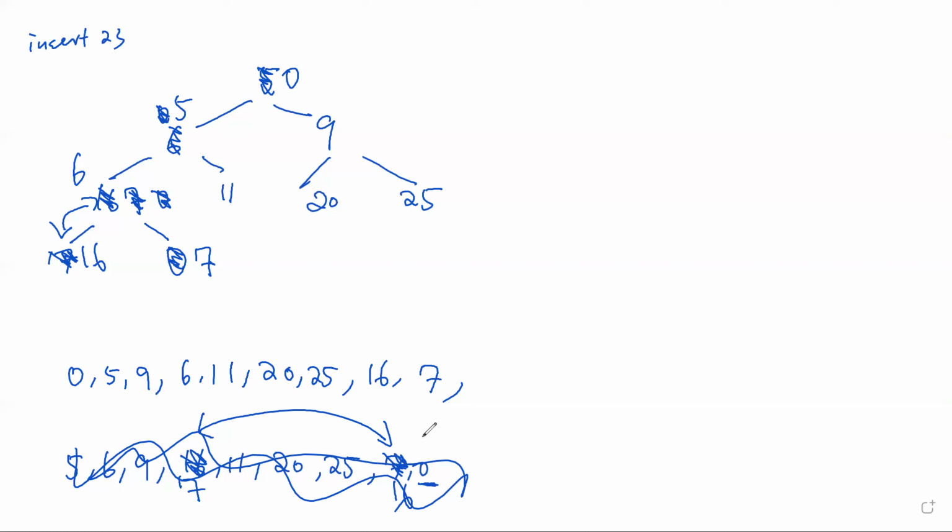Now we want to insert 23. Where should we insert it? In the array we just add it at the back. It's going to be the left child of 11. Does this maintain the minimum heap? It does, so we don't need to change anything.